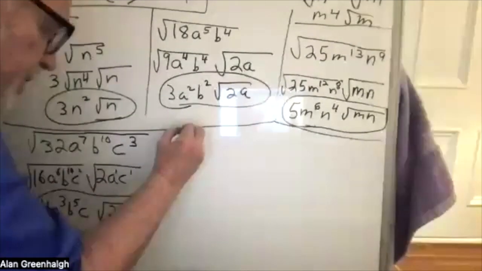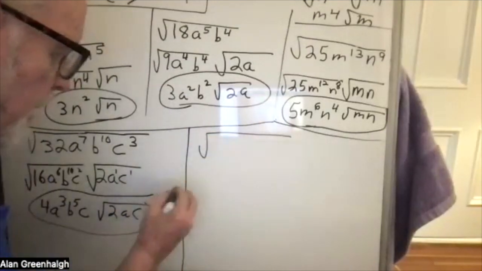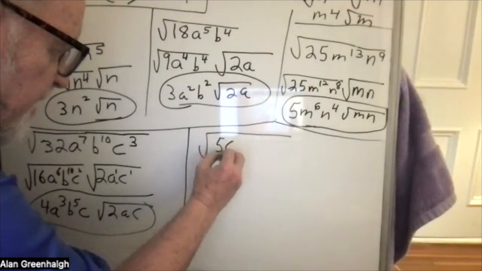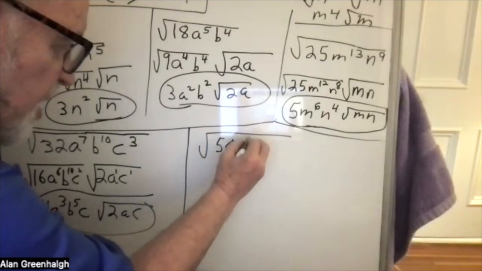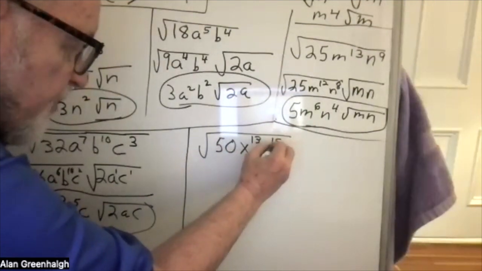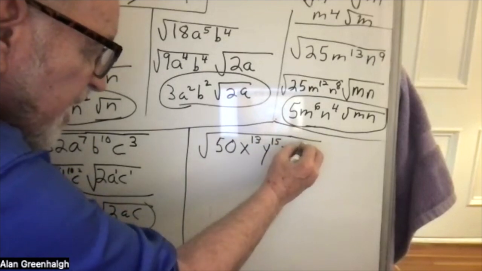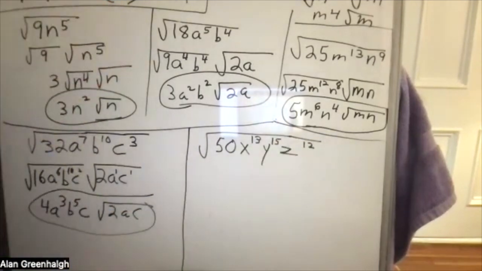One last problem. The square root of 50 x to the 13, y to the 15, z to the 12. Do that one.